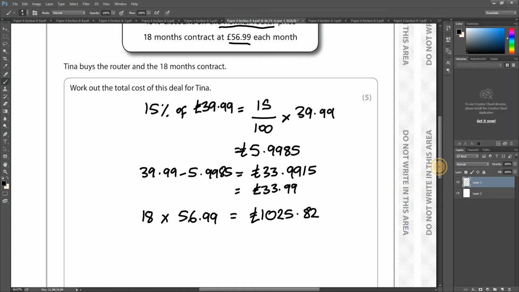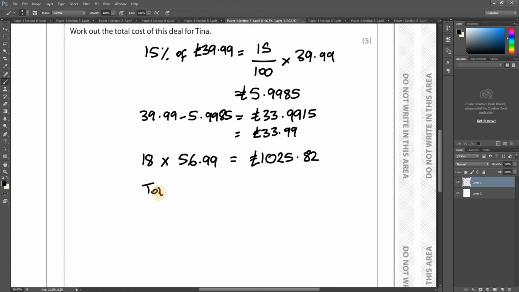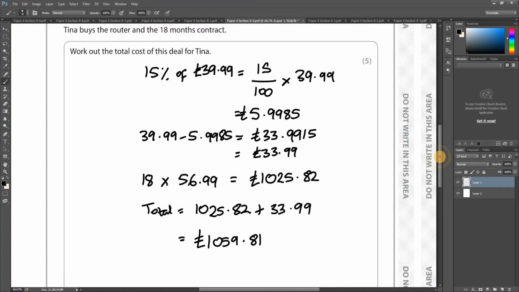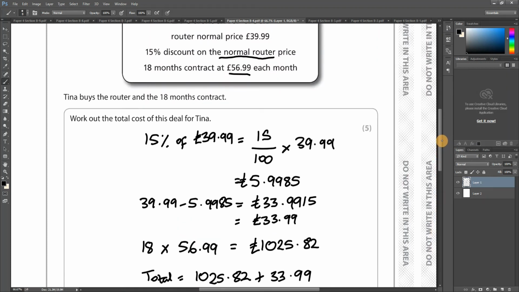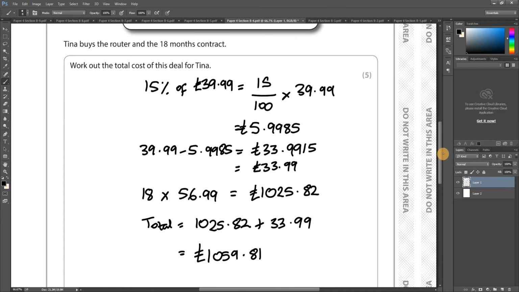So altogether, total is going to be that plus 33.99, which gives us a final total of £1,059.81. That should be your final answer. If you don't get this answer, then you've gone wrong somewhere. So just double check. But yeah, there's your 5 marks right there.